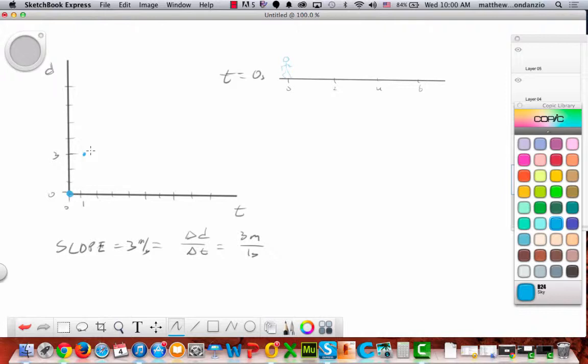And actually, what I think I'll do is I'm going to do it so every mark is 3 meters. Now notice I can make the marks however I want. It's up to me. I'm going to make that mark 3 meters. So the first one is going to be here. All right. At 5 seconds, where is he? 15 meters.